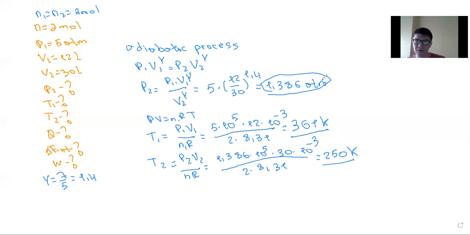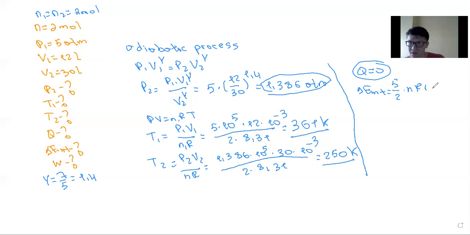So what about Q? Q will be equal to 0 since it's an adiabatic process. And delta E initial we'll find by this formula. Since it's diatomic, it will be 5 divided by 2 times nR times T2 minus T1, the change in temperature.